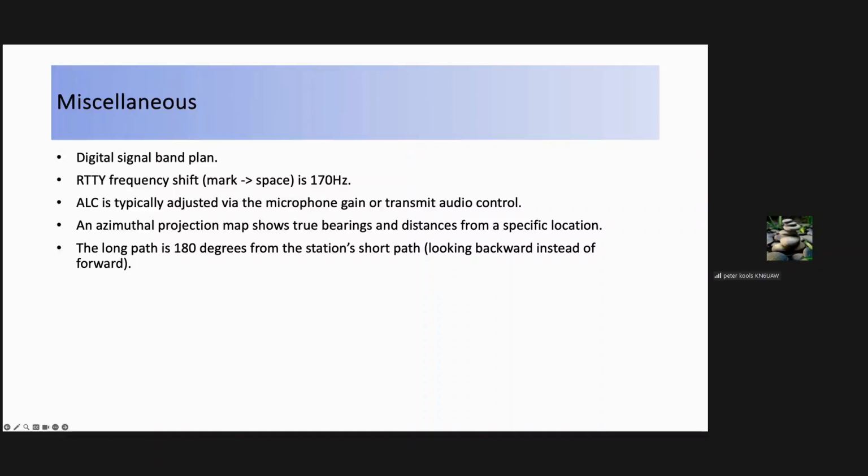And then the long path is basically looking behind the short path. So the long path is 180 degrees from the station's short path. So instead of me short pathing to, let's say, Montreal, the long path would go backwards around the globe to Montreal the long way.